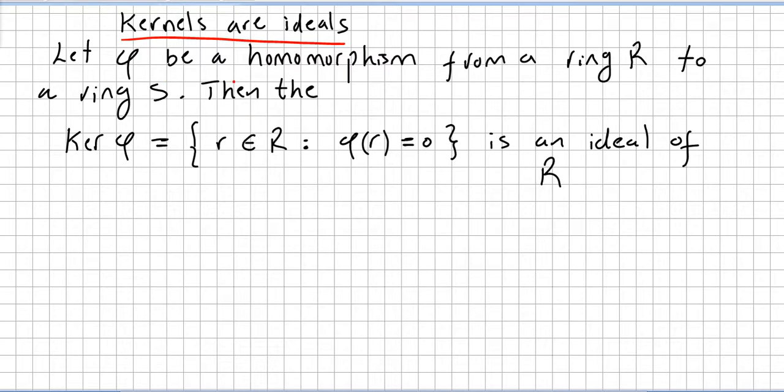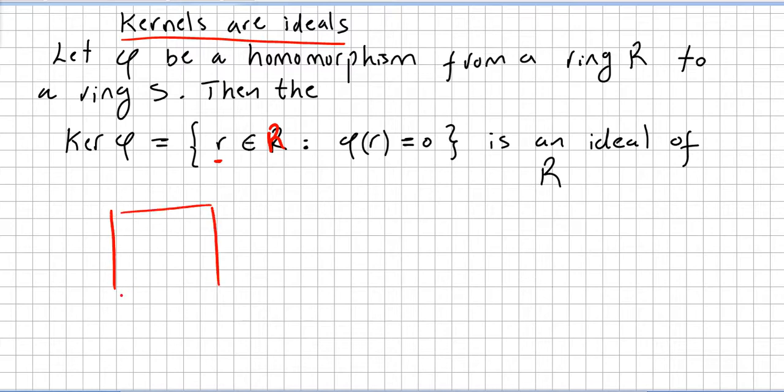Let phi be a homomorphism from a ring R to a ring S, then the kernel of phi, that's the set of elements r in the ring R where phi of r equals 0. So the kernel of phi is an ideal of the ring R.